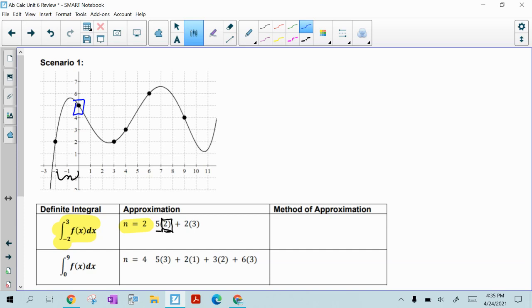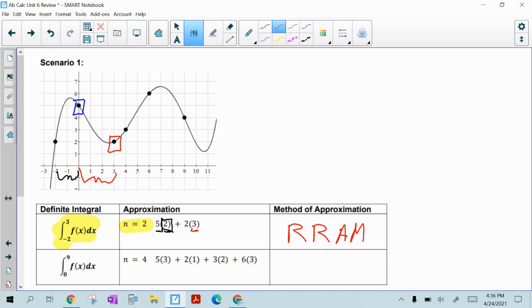My height is on the right-hand side, so I'm already leaning towards RRAM. Let me check it again using the next one. My distance from here to there is going to be 3, which matches up nicely. And the height on the right-hand side, yes, is going to be 2. So I'm going to say I'm using the RRAM technique to come up with that approximation. Okay, so far so good.